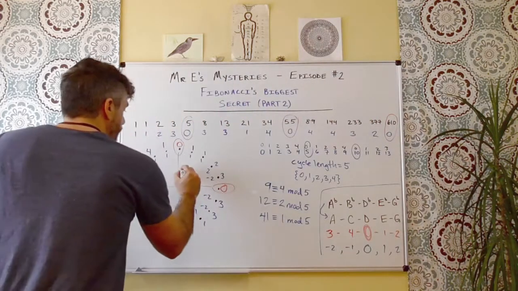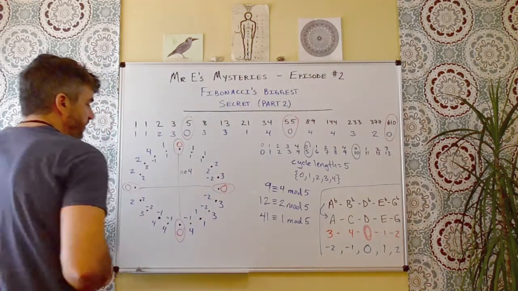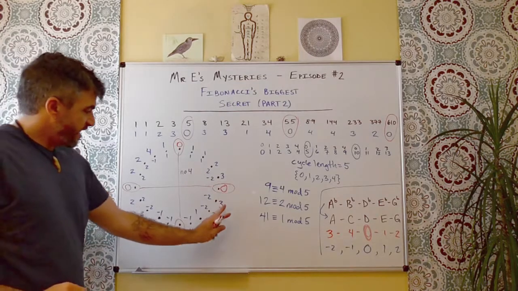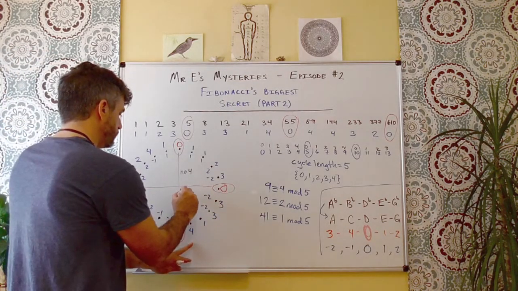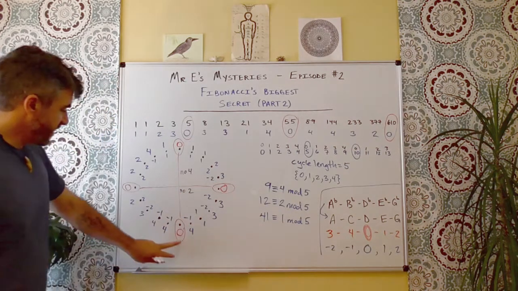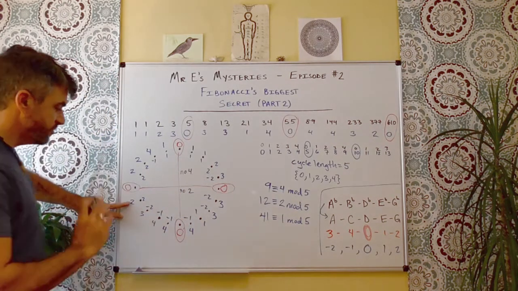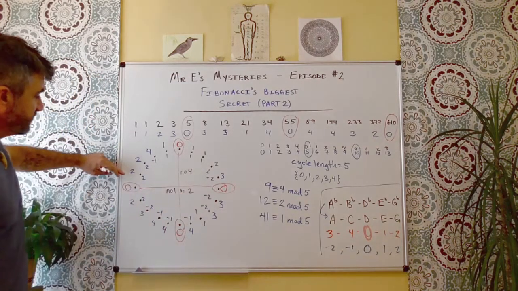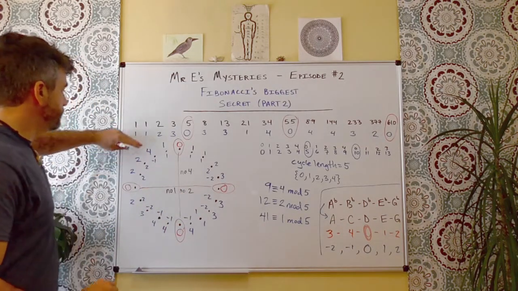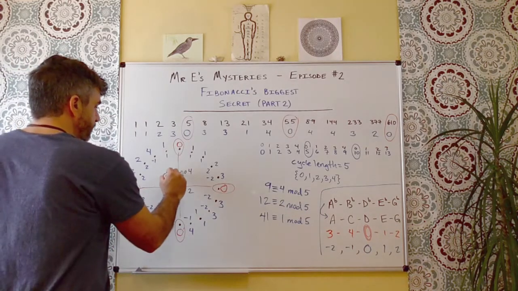So I'm going to write no 4 in there. The next section I have 3, 3, 1, 4, but no 2. Next I have 4, 4, 3, 2, there's no 1. And next I have 2, 2, 2, 4, 1, and no 3.